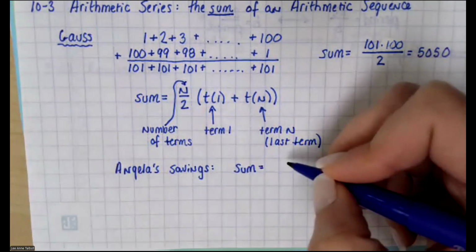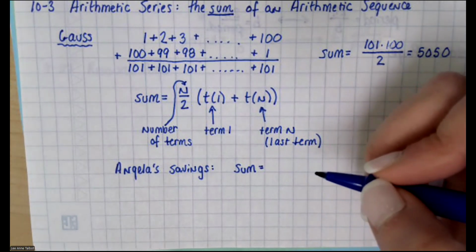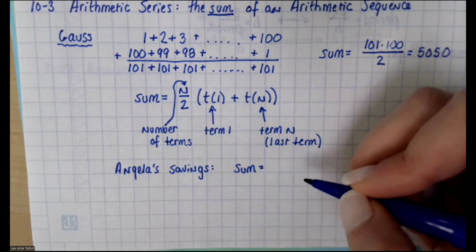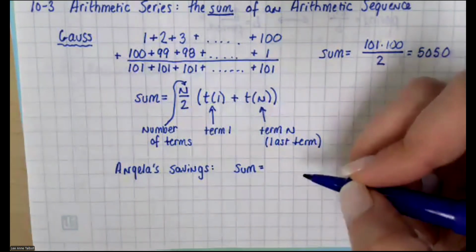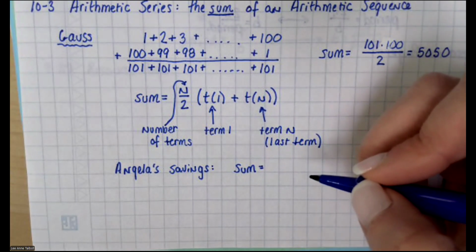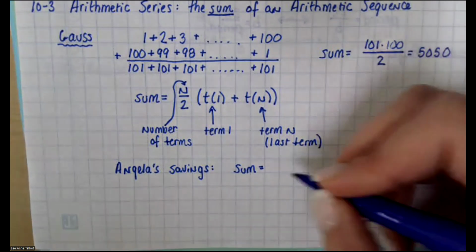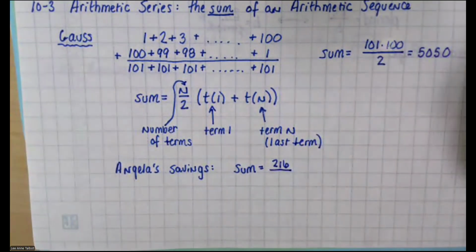How many months did he save for her? It's up in your notes in number 1. 216 months, all the way through her 18th birthday.